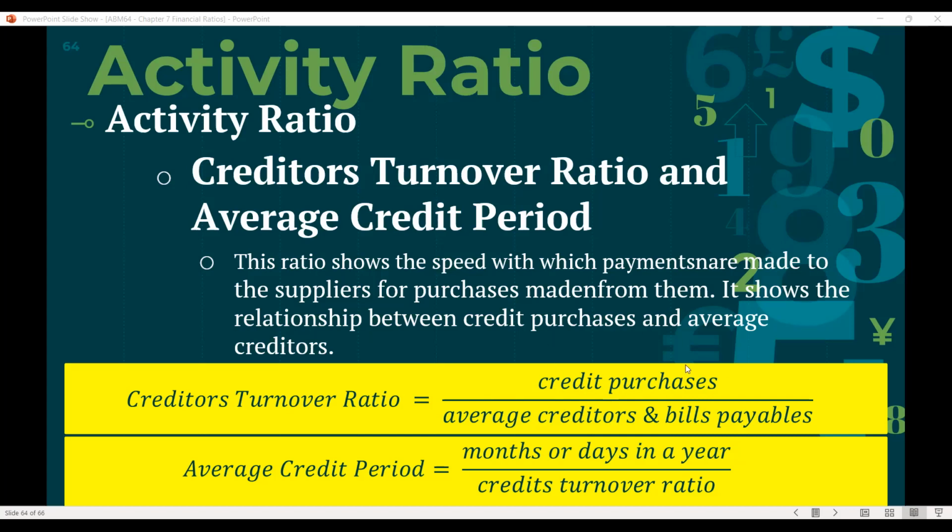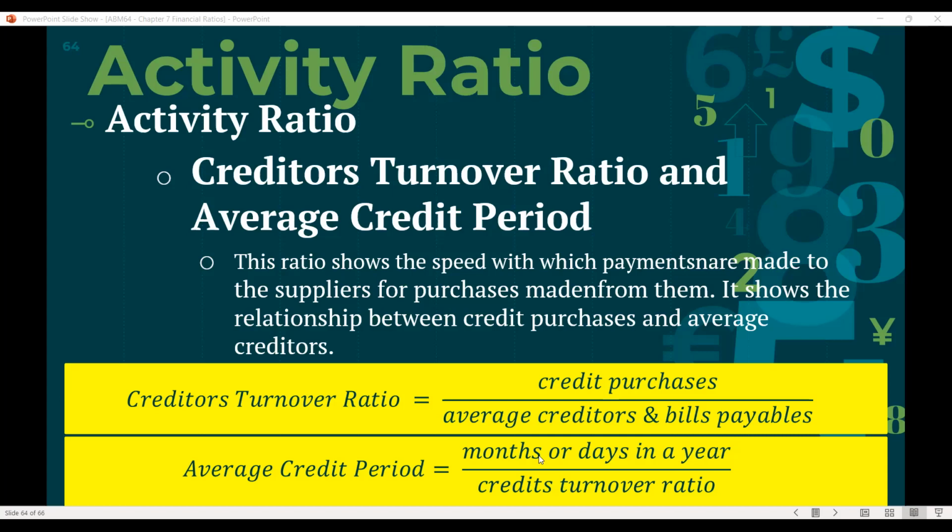So pila tan imuhang giutang over sa imuhang payables. Pila ang need nga bayaran. So imong gipangpalit, gipang purchase over sa average creditors and bills nga imuhang need bayaran too. So we have average credit period here. So may it be years or days or months over credit turnover ratio.